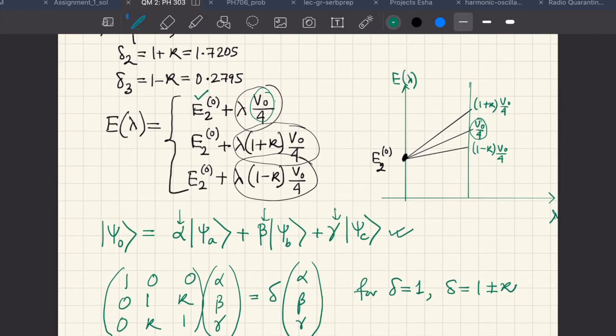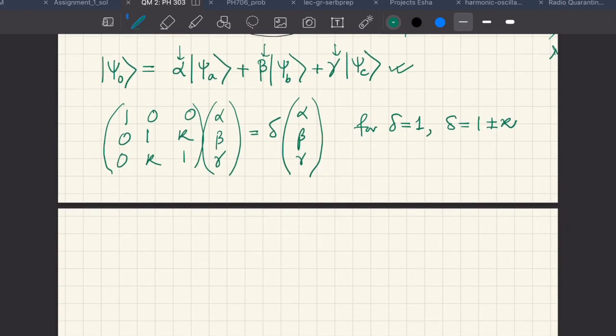So let us take delta equal to 1. If we take delta equal to 1, we get this, right? So alpha is equal to 1, because if we take delta equal to 1, then we will have this 1 into alpha plus 0 into beta plus 0 into gamma is equal to delta into alpha, but delta is equal to 1. So alpha equal to alpha is one equation.